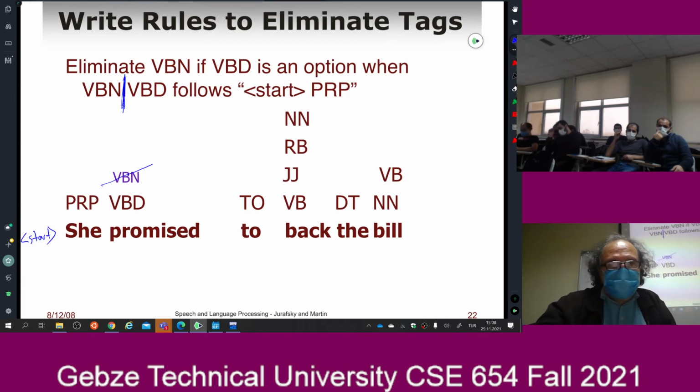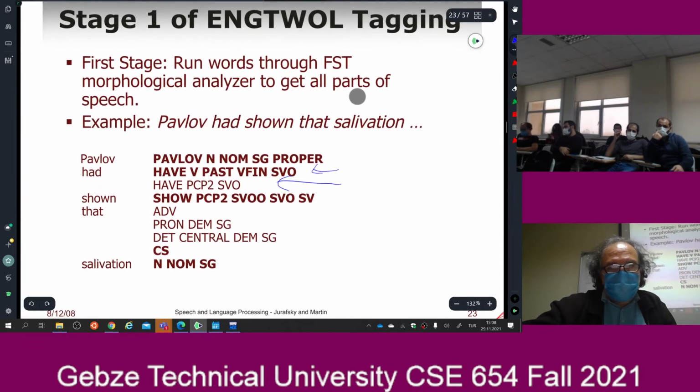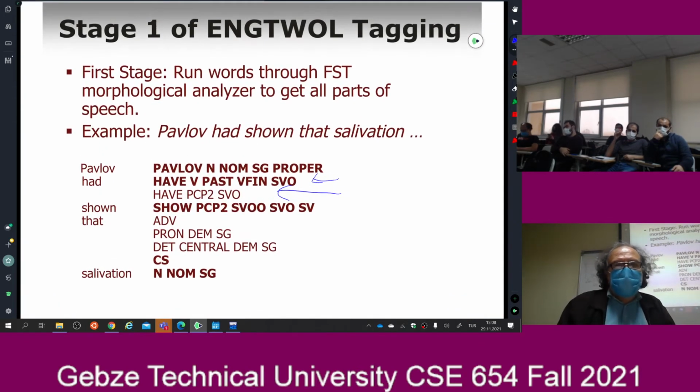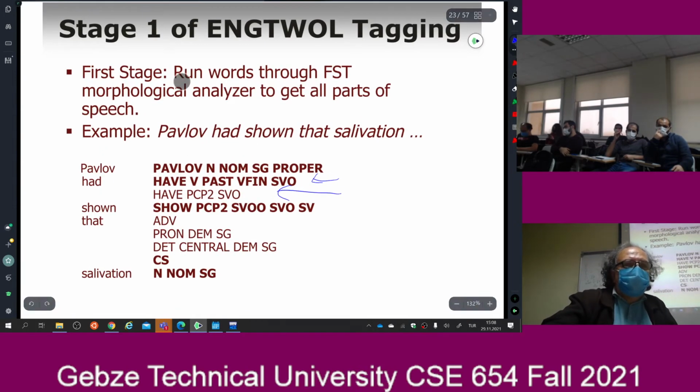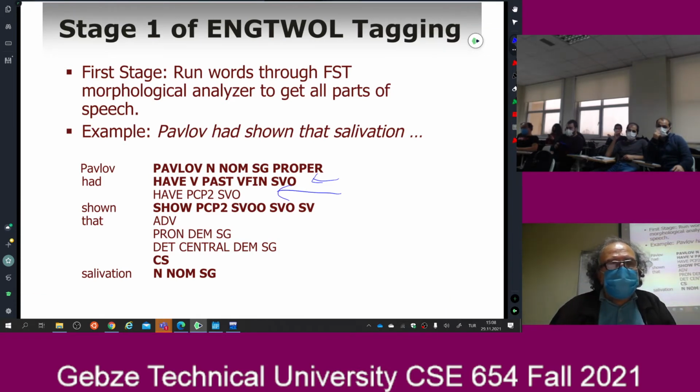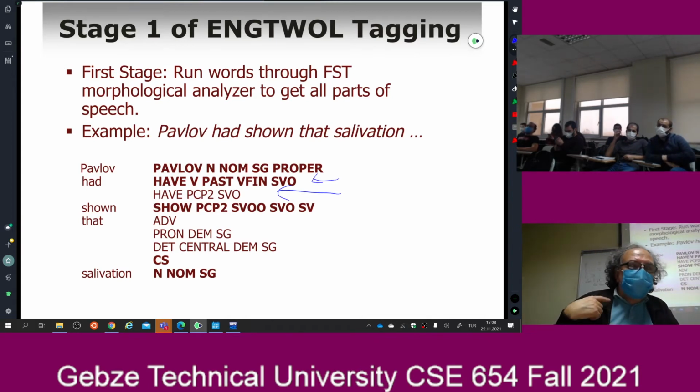Okay, so this is just one rule. So that's what we do. First, run words through a finite state transducer, a morphological analyzer, to get all parts of speech. That's going to produce all parts of speech for me.